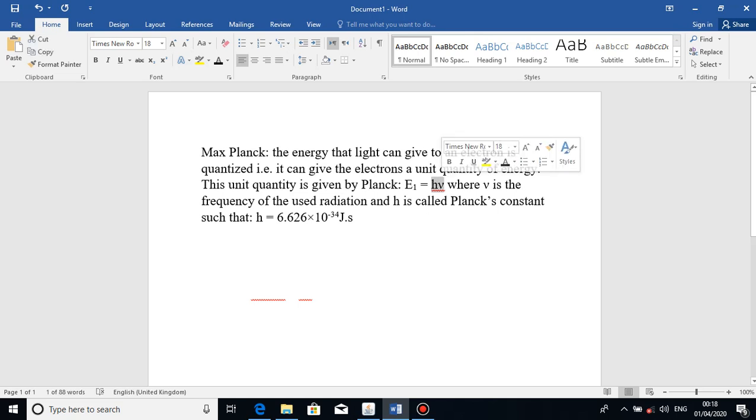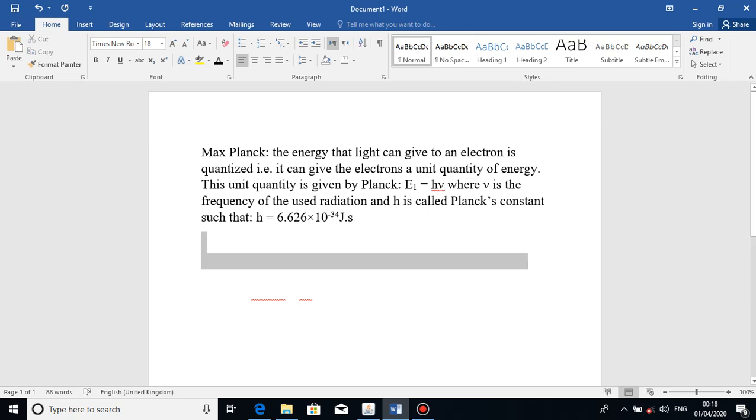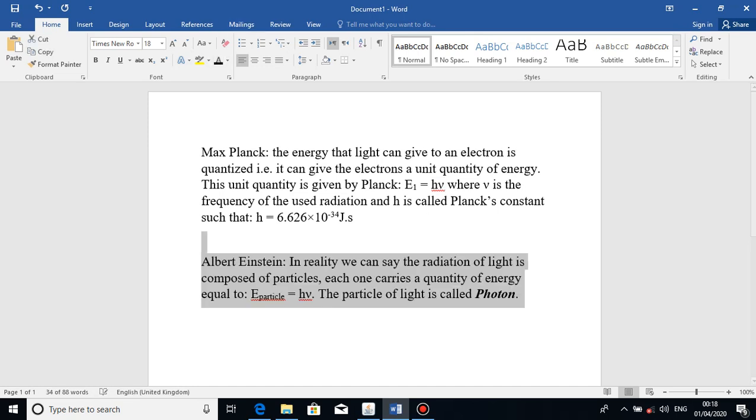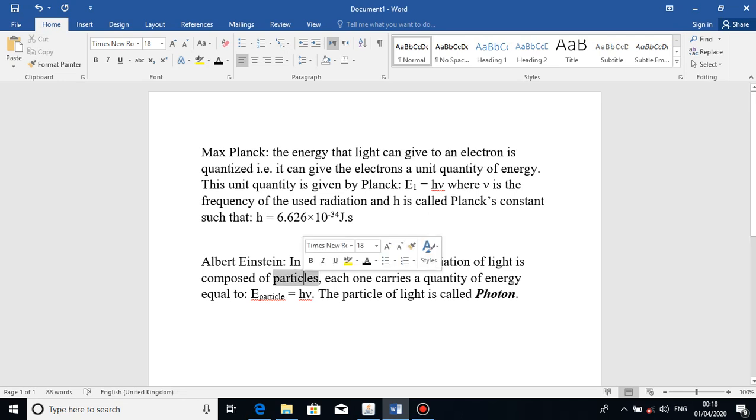Now, after a certain time, Albert Einstein came to say that, in reality, the radiation of light is composed of particles. Each one carries a quantity of energy found by Planck before, which is equal to h nu.